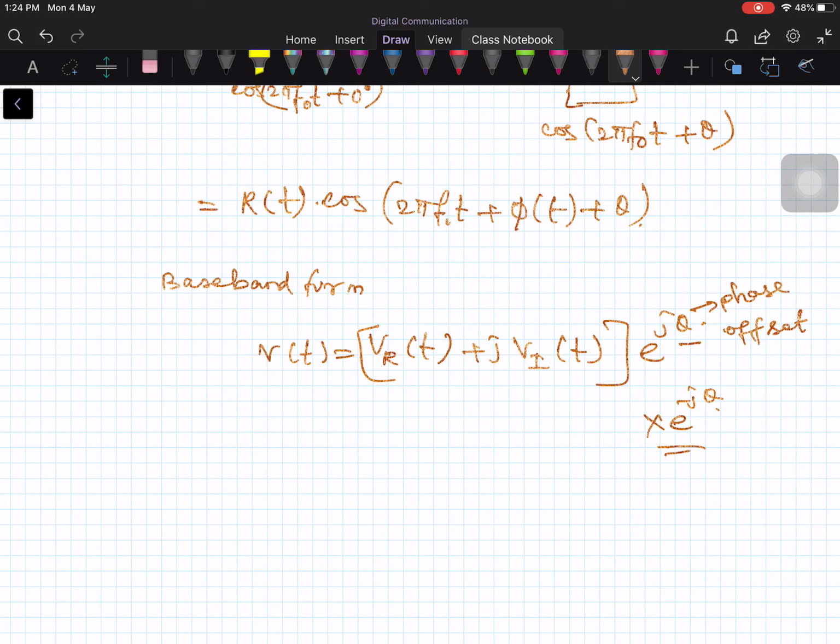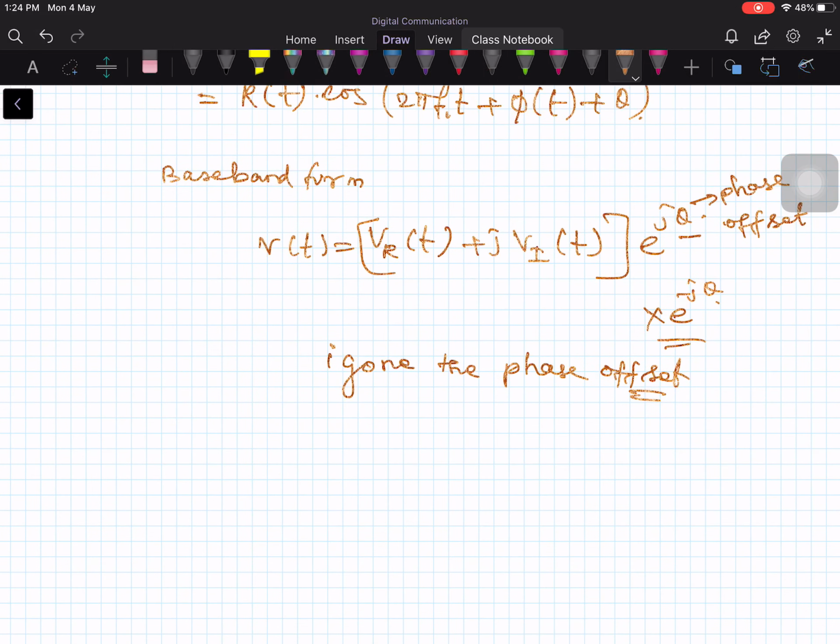But at the moment in our discussion, we will assume that we have a perfect phase compensation, a very good phase estimator circuit. Therefore there will not be any phase offset, so we will ignore the phase offset, because we assume that we have a perfect phase compensation circuit.